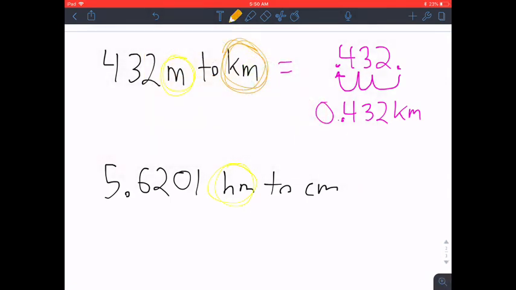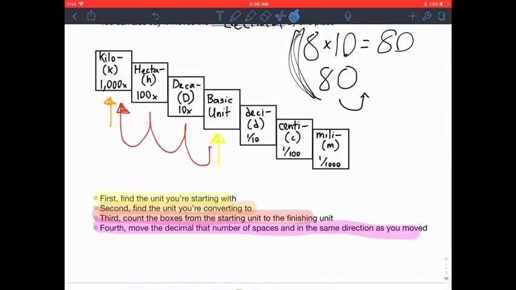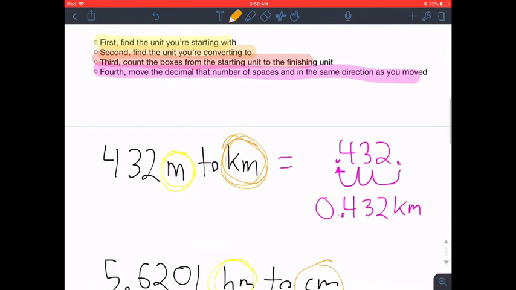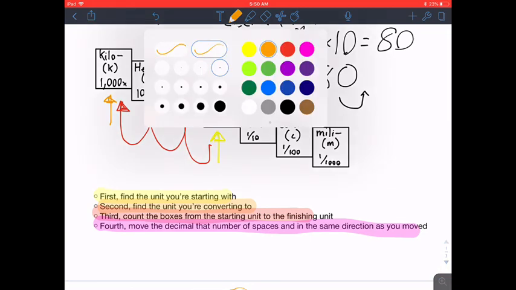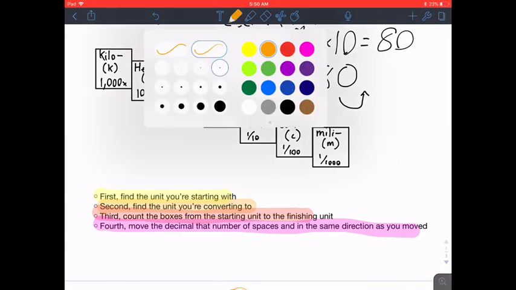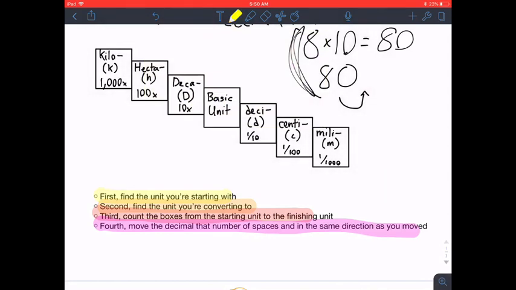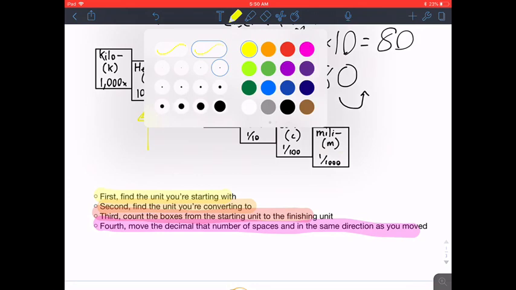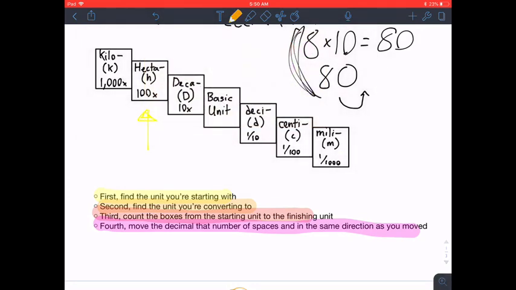Our finishing unit is centimeters. Let's go up to the ladder. Let's erase our previous example. Start right here at hectometers. And our finishing unit is going to be centimeters.